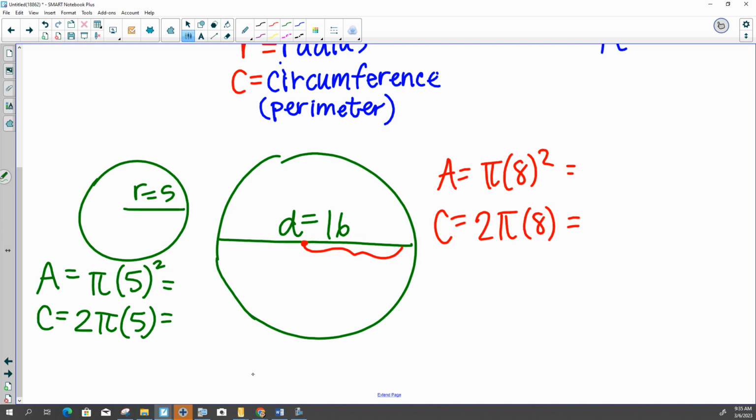Okay, go ahead and type these in. Pi r squared, 2 pi r. Plug those in, let's see what you get. And it says to round to the nearest 2 decimal places. Type those in, let's see what you get. We want to make sure we know how to use our calculators.